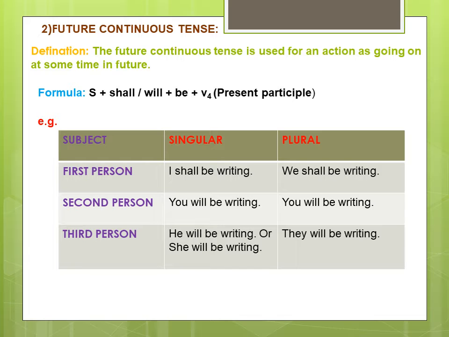And writing is the present participle form of the verb. So what's the definition? The future continuous tense is used for an action going on at some time in future. See in the plural column, last line, they will be writing. So the subject, will is the helping verb, be is also important, and writing is the present participle form of the verb.